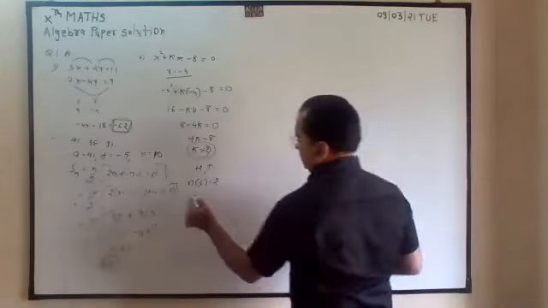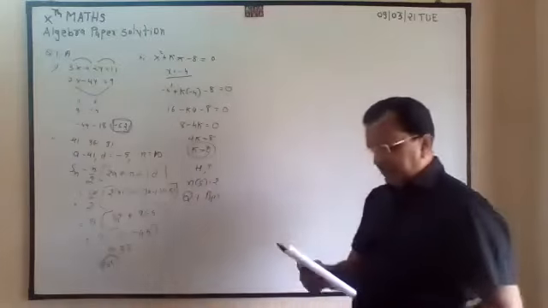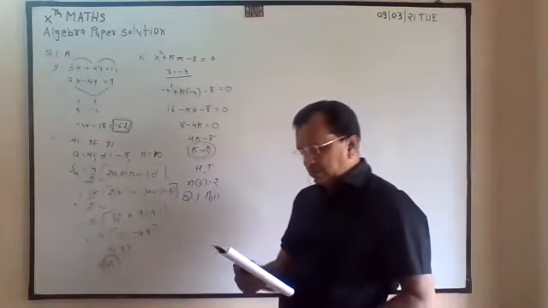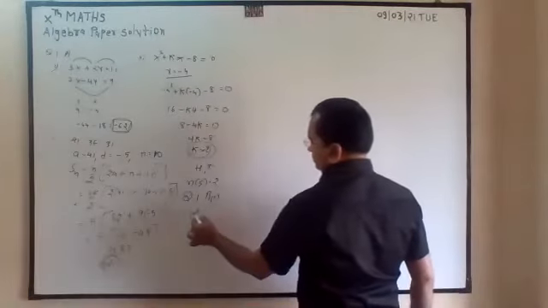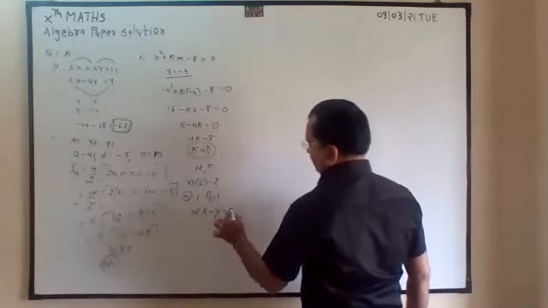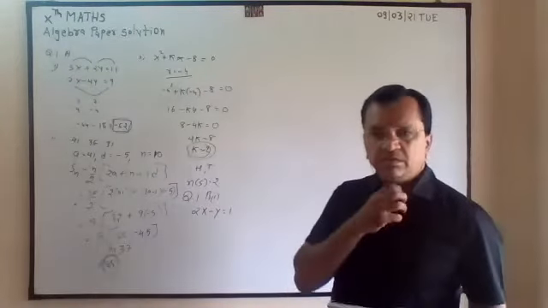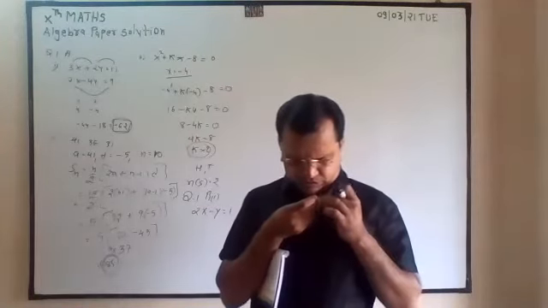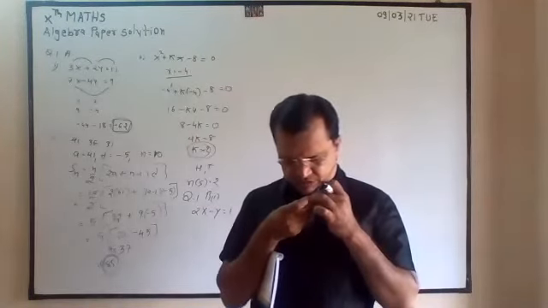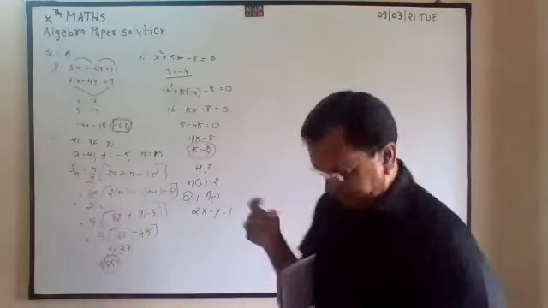Question number 1B first. Write two solutions for 2x minus y is equal to 1. Two solutions from this equation means to form a table.